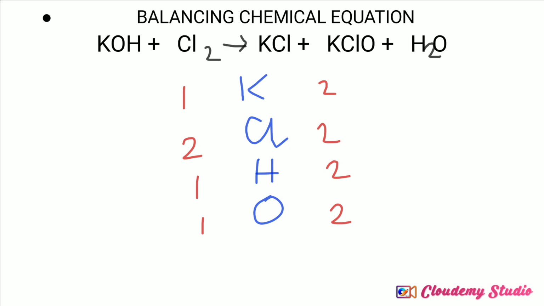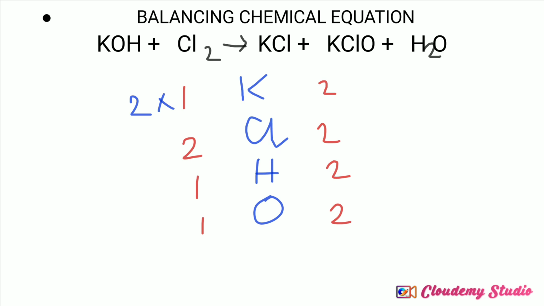While we are balancing, we can give priority to the metal atoms. So on the right hand side potassium is 2 times, but on the left hand side just once. Therefore, what we can do is multiply this 1 by 2.